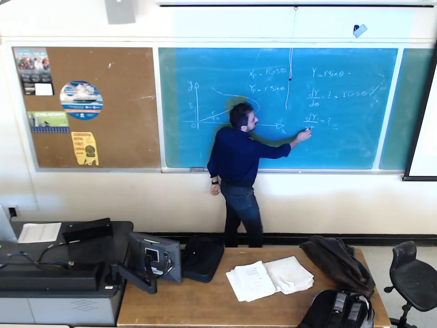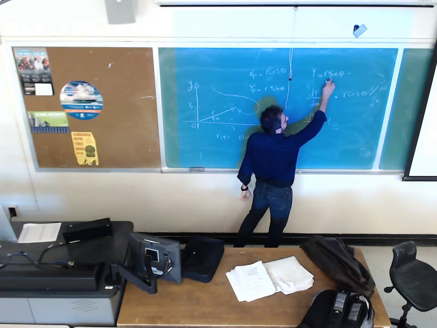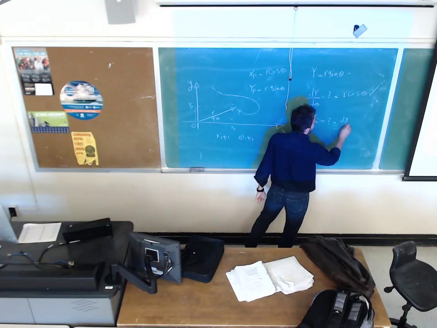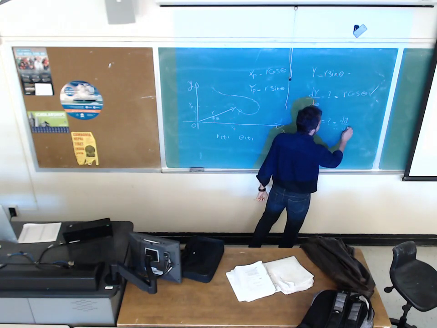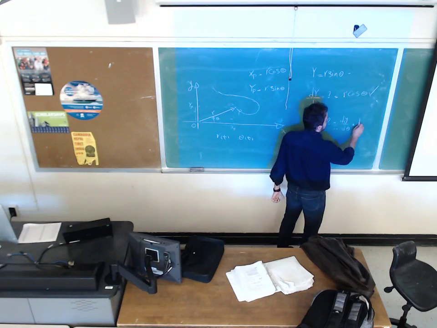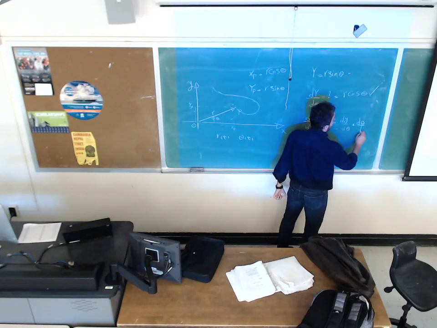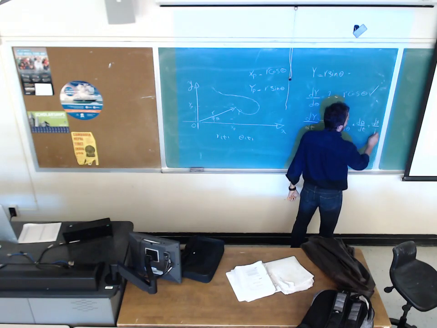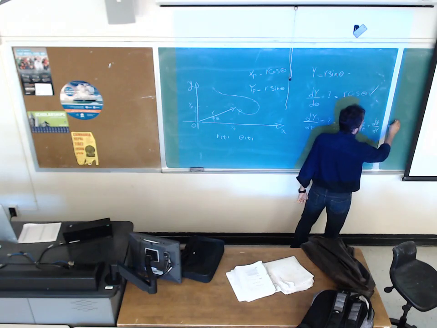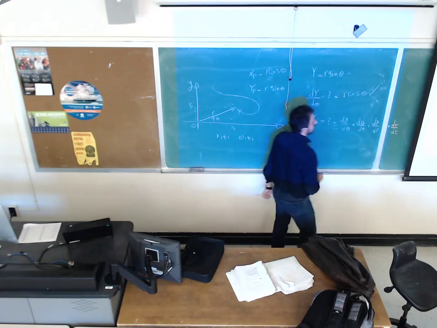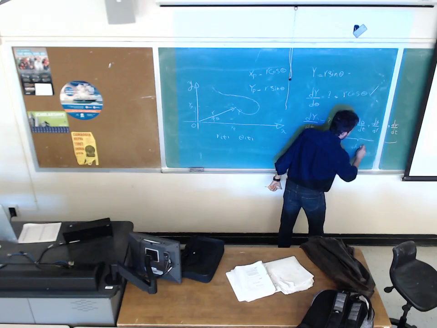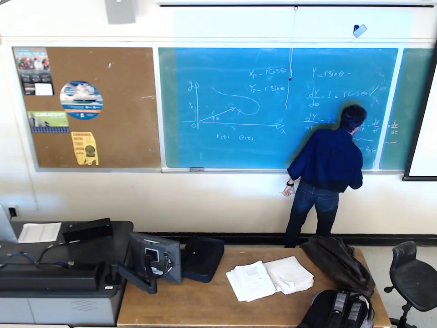So when you don't see the variable explicitly here, we are going to use the chain rule: dy over d theta times d theta over dt plus dy over dr times dr over dt. Chain rule.